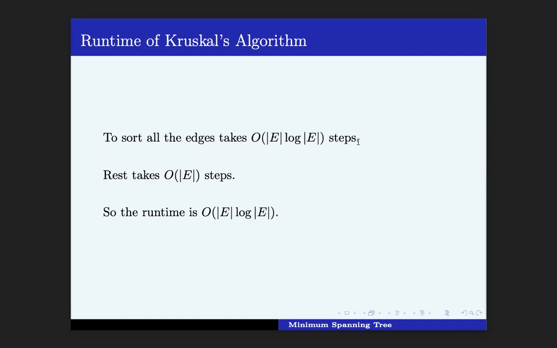The two things to remember: first, this is a greedy algorithm that has some nice implementation issues. For example, if you don't sort the edges to start with, then you take order E square steps, and so on and so forth.